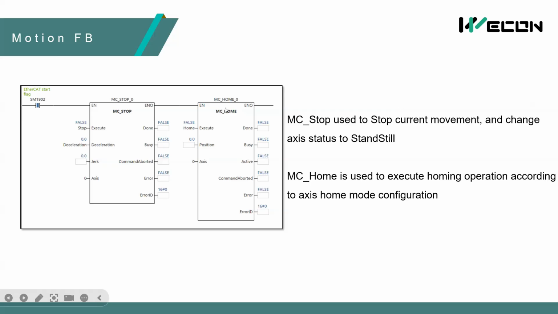And also, MC home is used to do the homing operation. We have introduced it in our last class. In the MC stop function block, this deceleration value should be bigger than 0. If you set it at 0 and run this function block, you will also get an error.